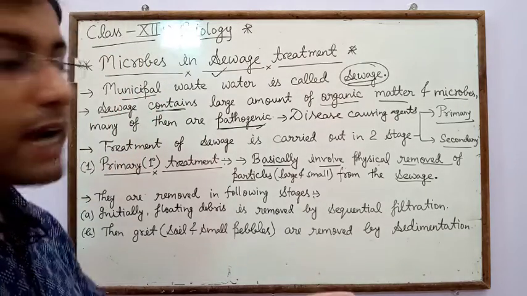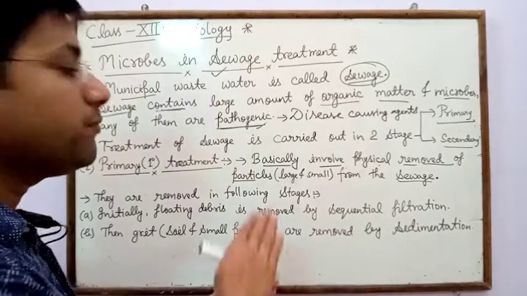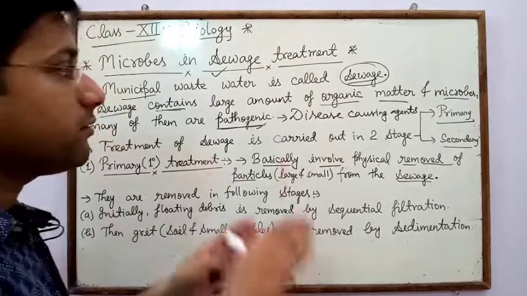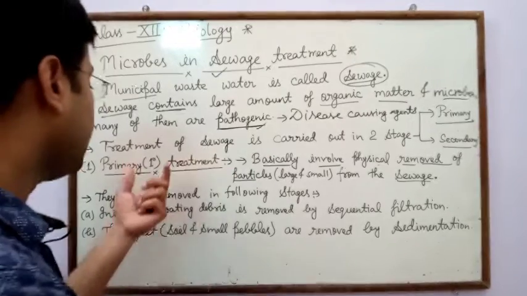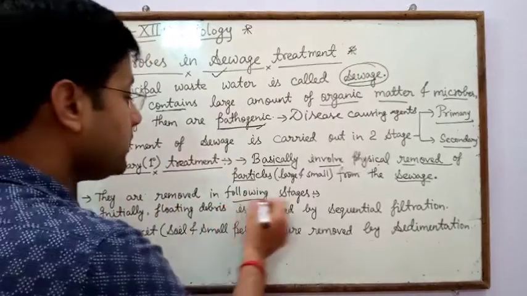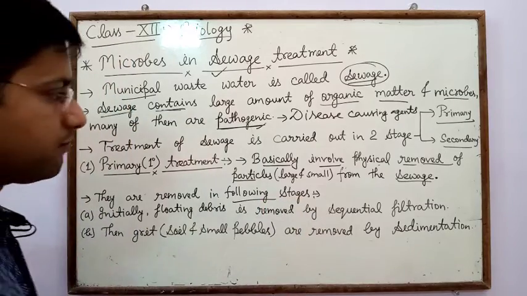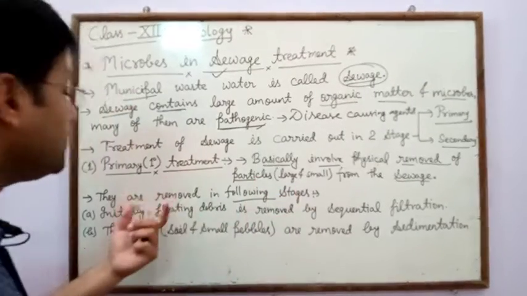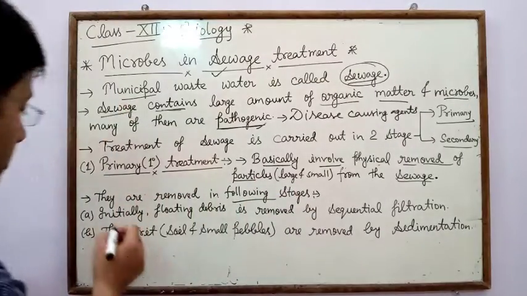The removal of large and small particles from the sewage is called primary treatment. They are removed in the following stages.